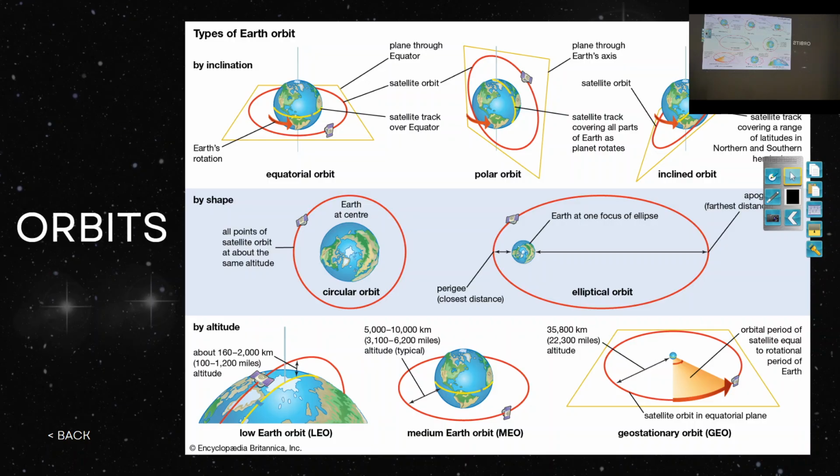First, you can write based on altitude. Low earth orbit: the range is around 160 to 2000 kilometers above the earth, and our International Space Station is in the low earth orbit only.